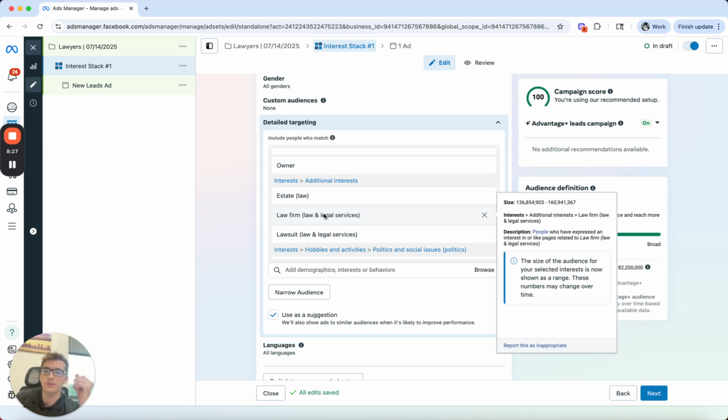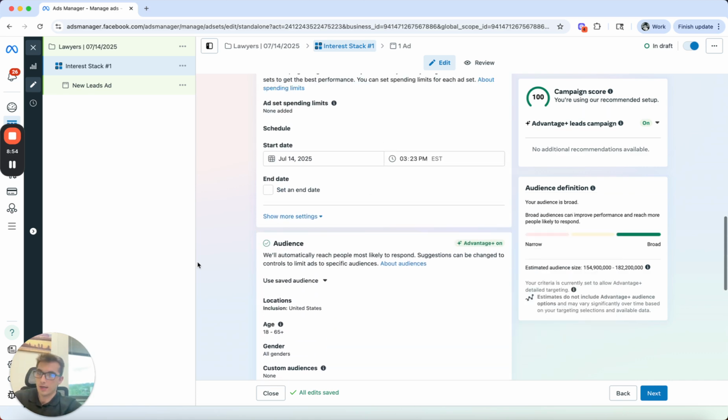People sell those for sometimes thousands of dollars because they are so valuable, right? So when you have a brand new ad account, you have to choose the interest because we need to point Facebook in the right direction somewhat. Facebook is super smart. 99% of the time, your best performing campaign is going to be a campaign targeting a broad audience. But when you're starting off, you want to make sure that you're using the interest stack, like so, right?